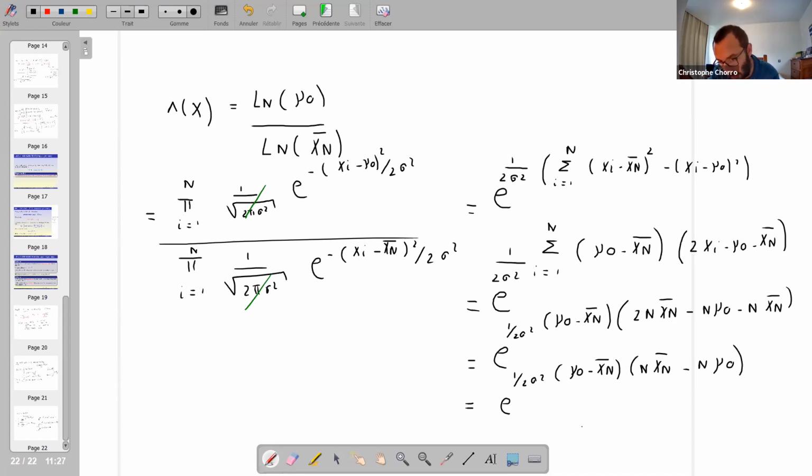I can finally conclude that I obtain exponential minus n over 2 sigma square times (xn overline minus mu 0)^2. I obtained this computation in this situation, so here I have computed the likelihood ratio test statistic.